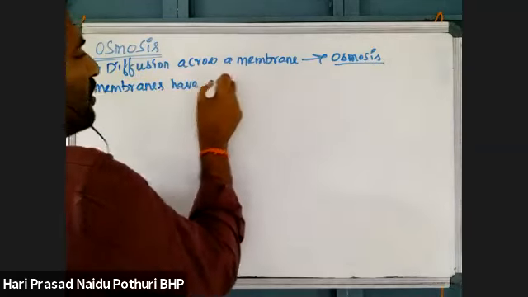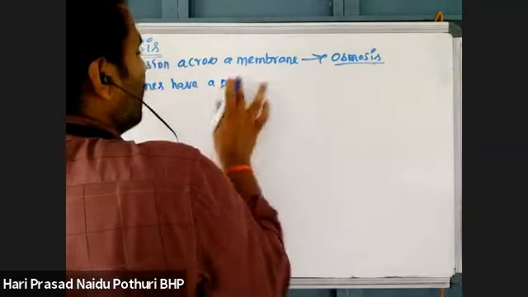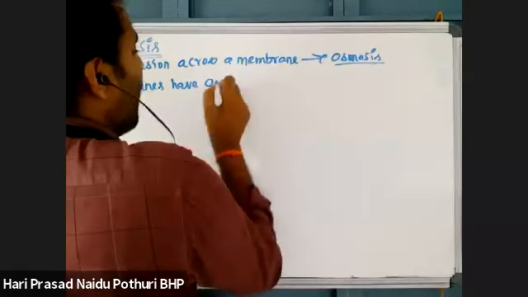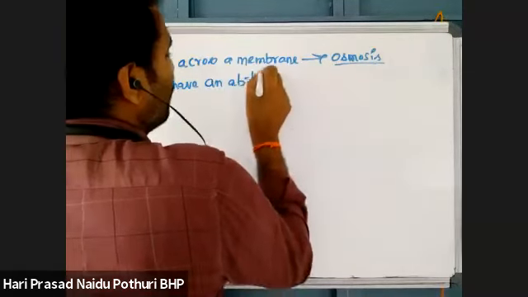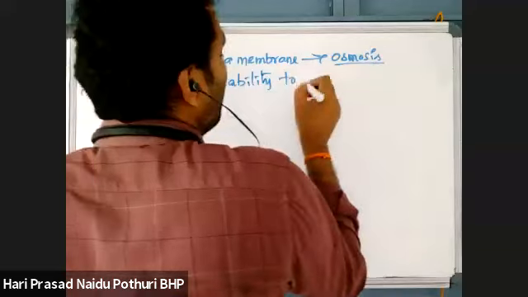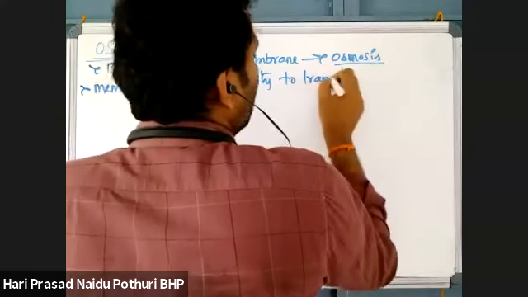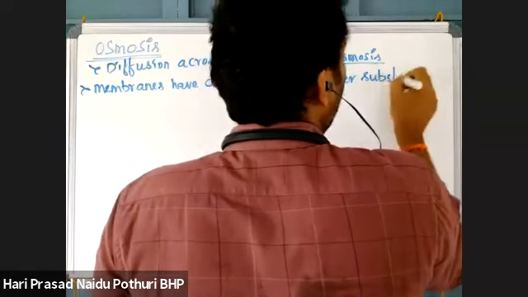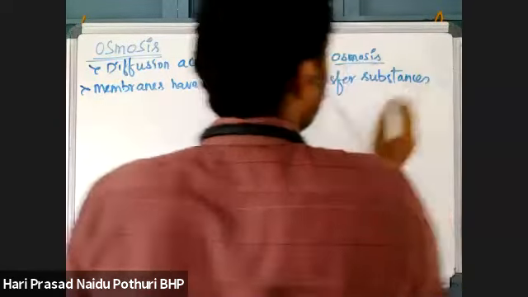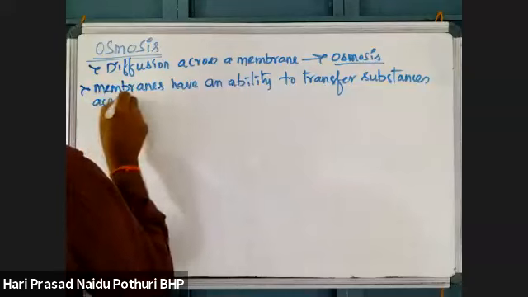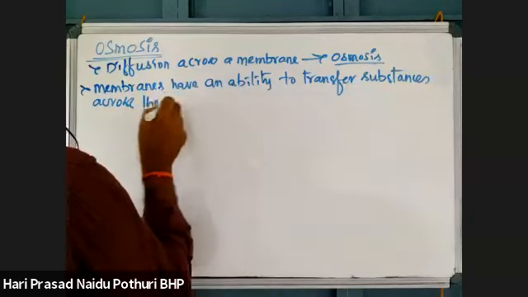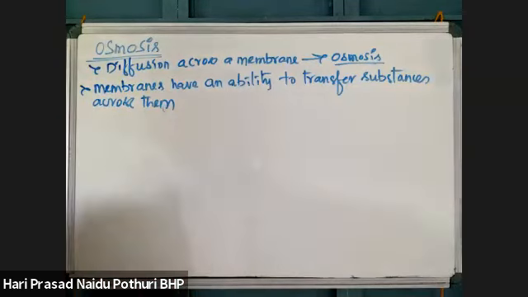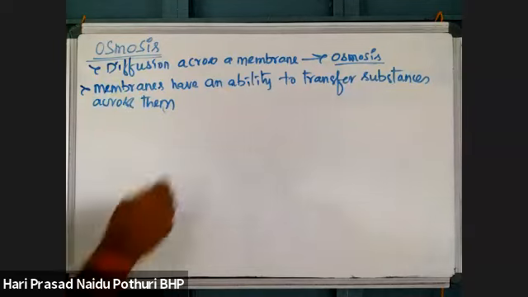Membranes have a property or an ability to transfer substances, water or any substances across the membrane. These membranes have an ability to transfer molecules, allow materials to pass through that membrane.